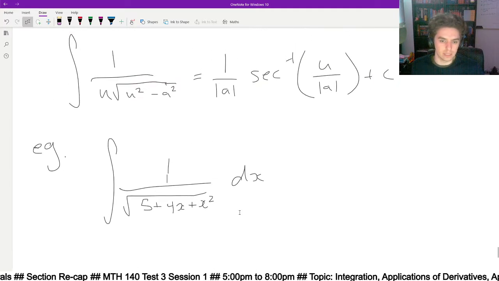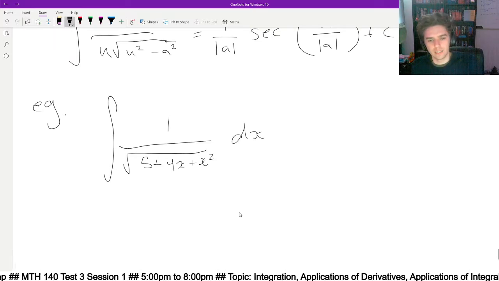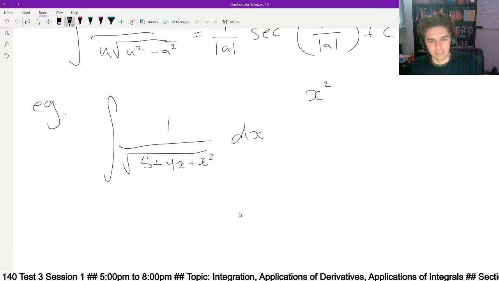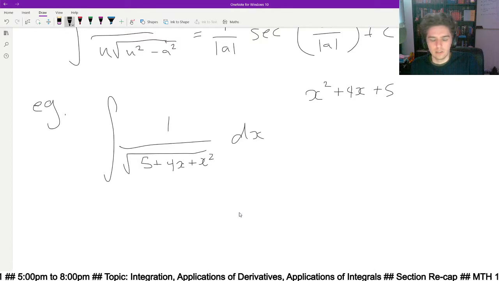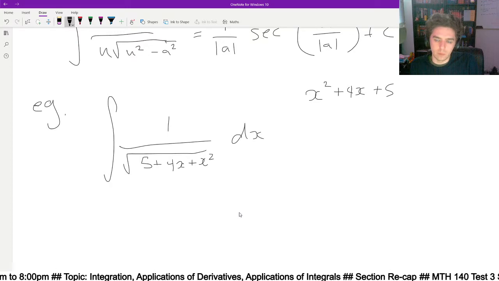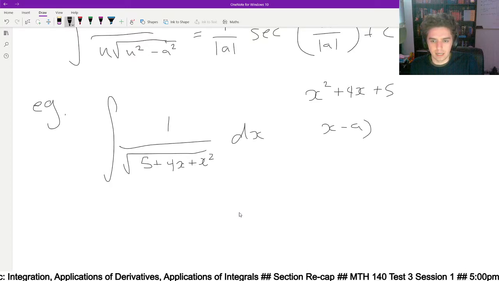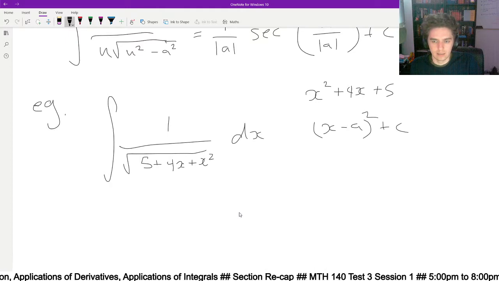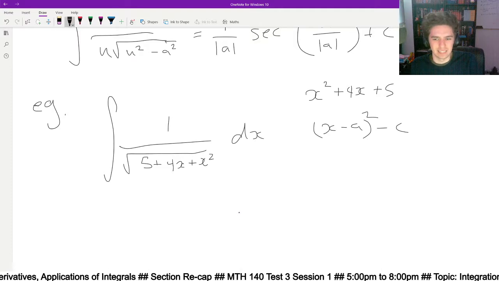So let's figure out what we need to do to actually make it a difference of squares. So what you got to do is complete the square, right? So x squared plus 4x plus 5. To complete the square, we want to figure out what will turn this into x minus a squared plus c, right? And hopefully that'll end up being a minus c, because then it's a difference of squares.